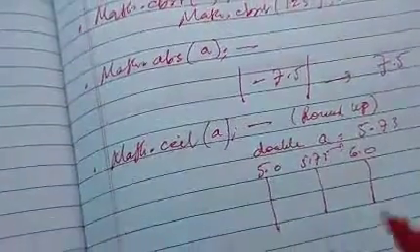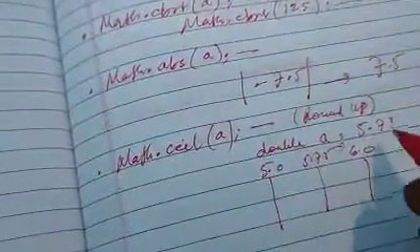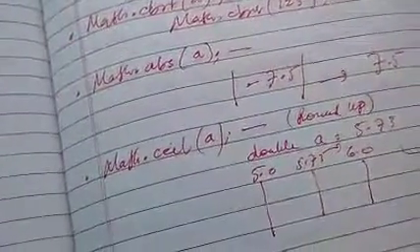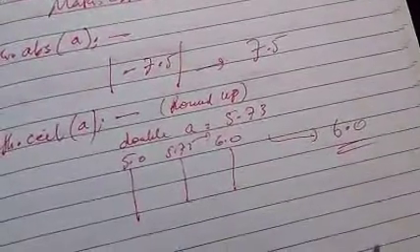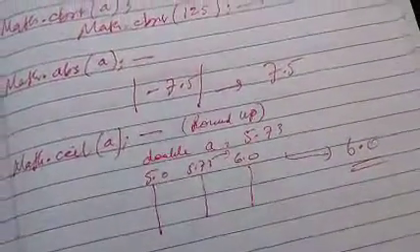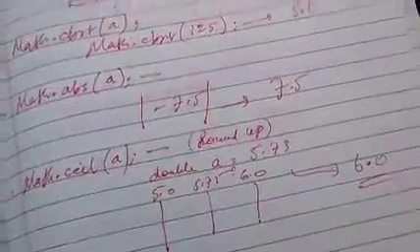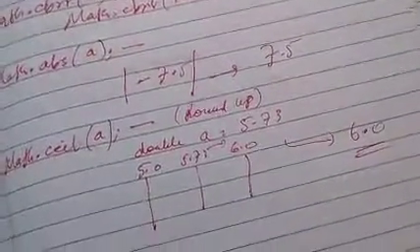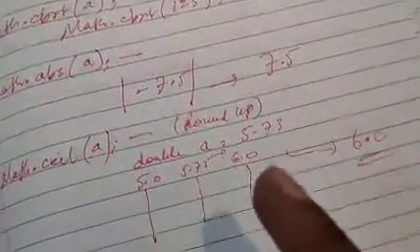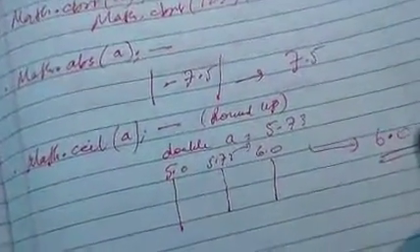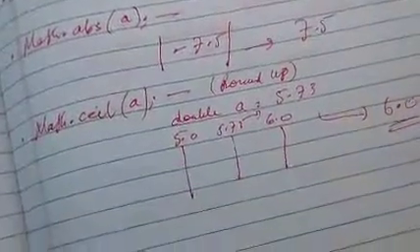Therefore, if I write math.ceil(a), where a is 5.73, the answer will straight away be 6.0. It doesn't perform approximation. Once again, please be careful and do not get confused. So this is your math.ceil.